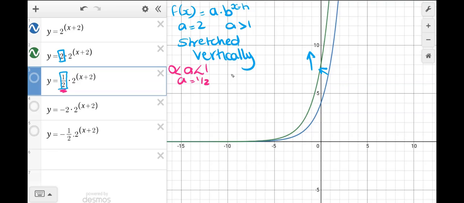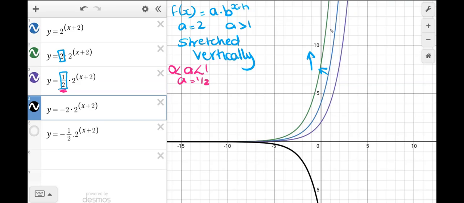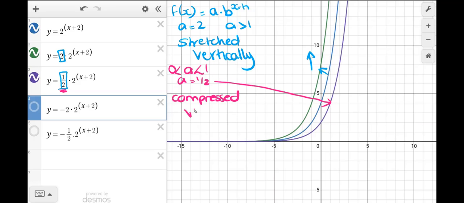So our graph is this one here. This time it's been compressed vertically. So the value is coming down in this direction.